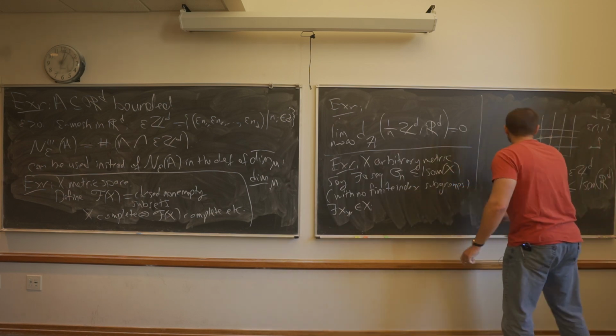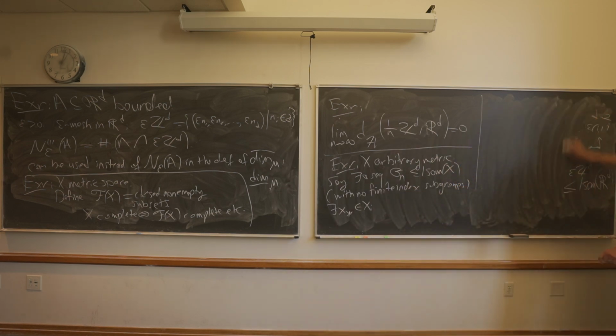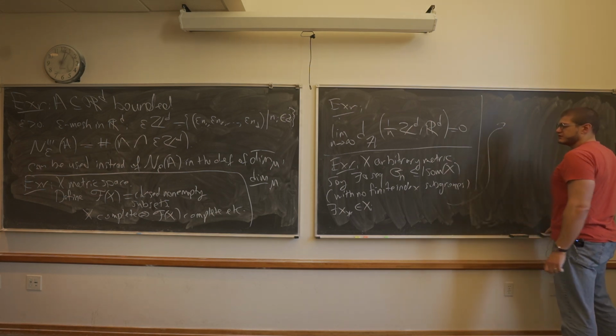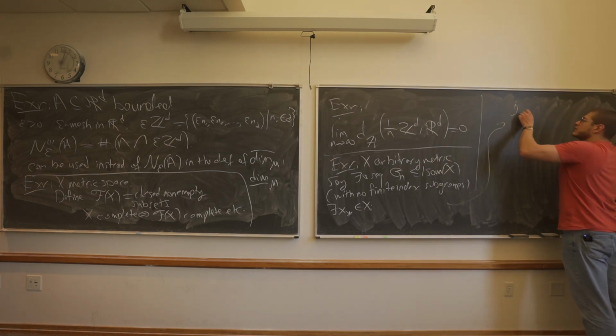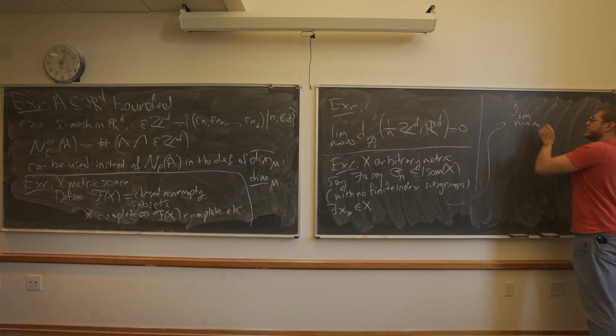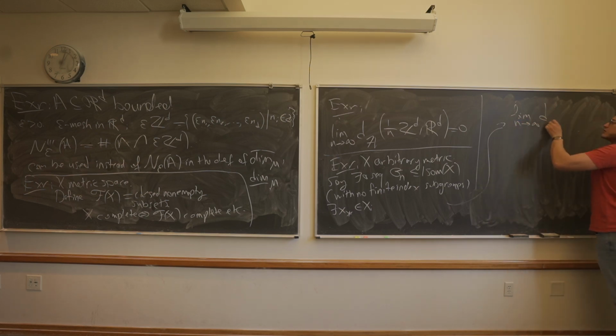So let me continue here. There's an x star such that limit as n goes to infinity, relative to the Pompeiu-Hausdorff distance, of the orbit of x star relative to the Gn action converges to the whole space.